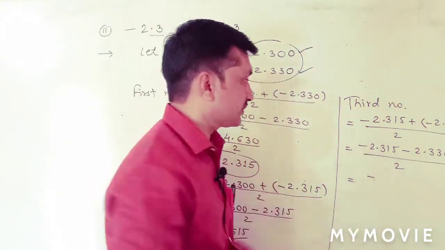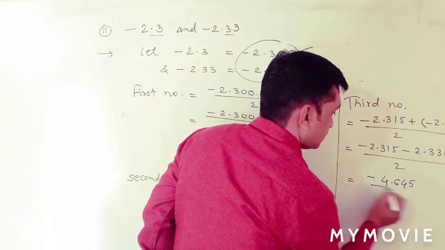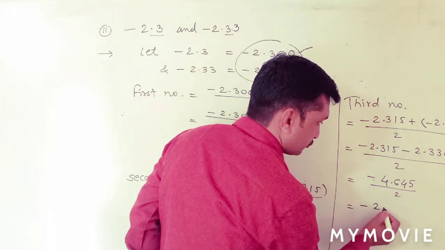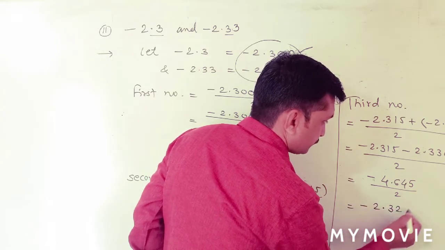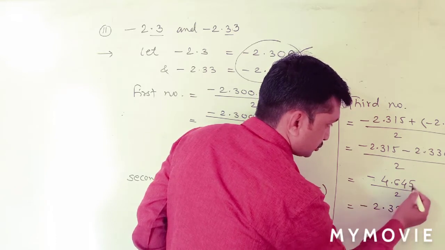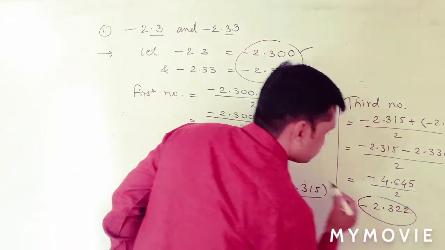Same sign addition, higher value sign, minus 4.645 divided by 2. Now 2 2s are 4, 2 3s are 6, 2 2s are 4, and here 2 1s are 2, 2 2s are 4 here also. This is the third number.